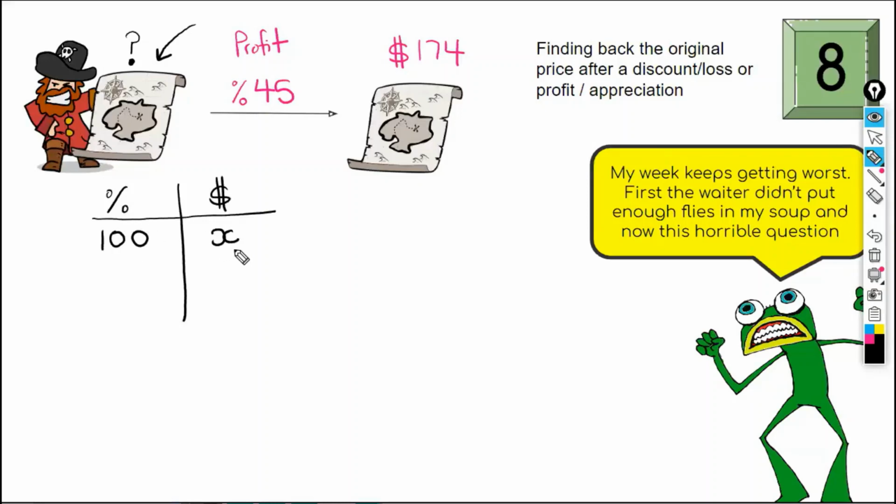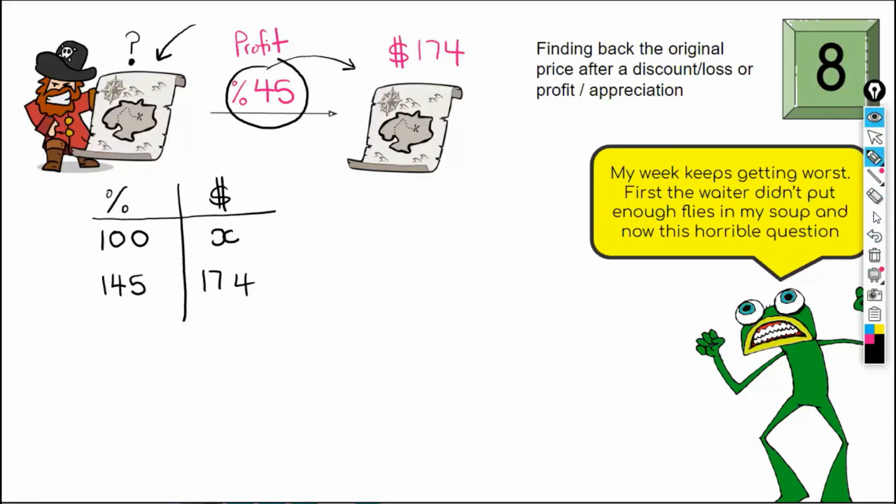We're pretending we don't know. Remember, after he sold you it, he made 45% profit. So when you bought it at 145% of its value, your percentage is 145, and that 145 is represented by $174.